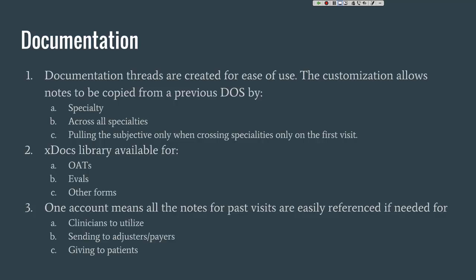So you'll notice again, Jess, that I brought it back to single patient account. One account means all the notes for all the visits are located in one place. So if an adjuster, actually, we have a mental health clinic that has a couple of different specialties in it. While our team was out there last Friday, Blue Cross Blue Shield quite literally knocked on the door.